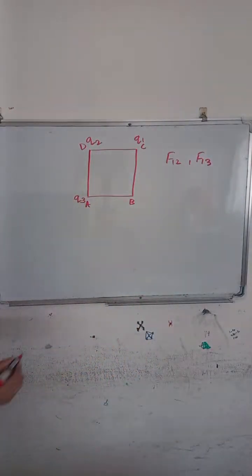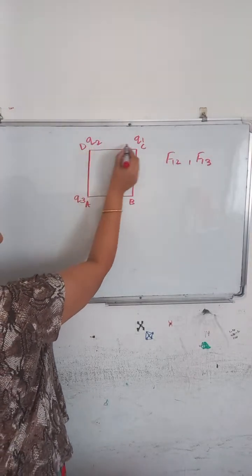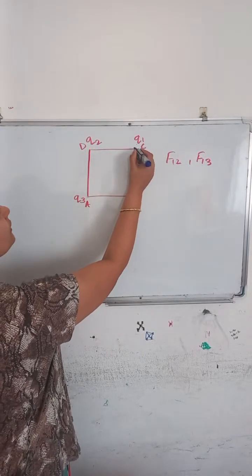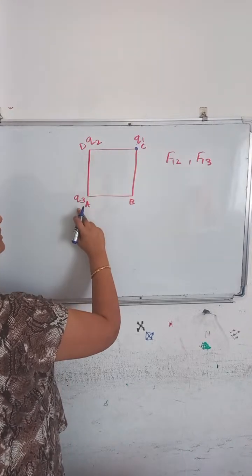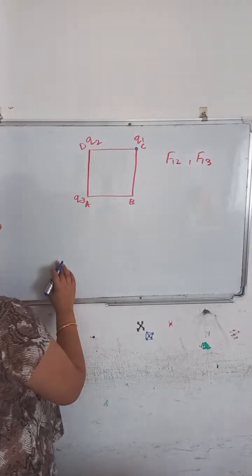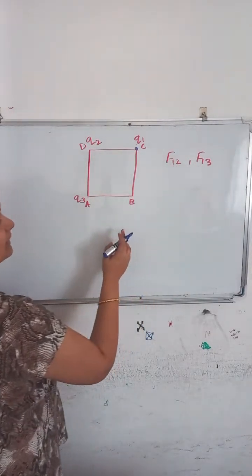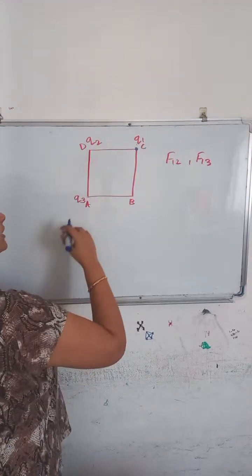F12 means this Q2 is acting on Q1, and Q3 is also acting on Q1. How do I know that? Because here it is F12 and F13.